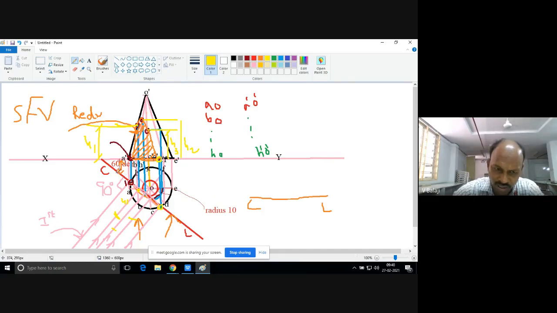So from the CL line there is no gap. So on the same CL line you will get the last point. Okay. And the first point and last point are on the same CL line. Other points maintain some distances. Okay. So 1, 2, 3, 4, 5.